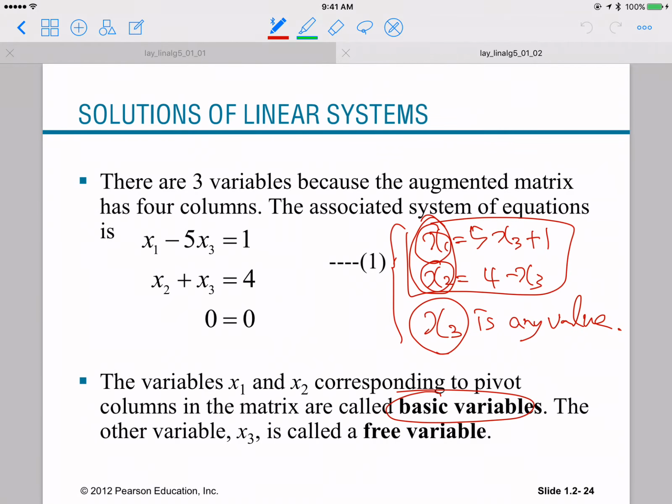From this equation, x3 can be any value because you have a free variable x3. So it will create infinitely many solutions.